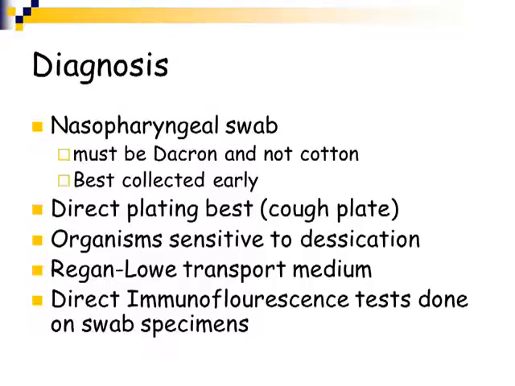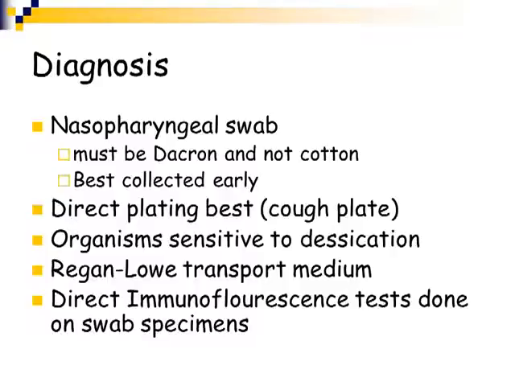However, it's important to note that it has to be a Dacron swab and not a cotton swab. Now, direct plating is the absolute best way to diagnose Bordetella pertussis. So this is called a cough plate. So what you would do is, let's say someone is hospitalized, you would bring a plate right up to them and hold it in front of their mouth, and they would cough directly onto the plate.